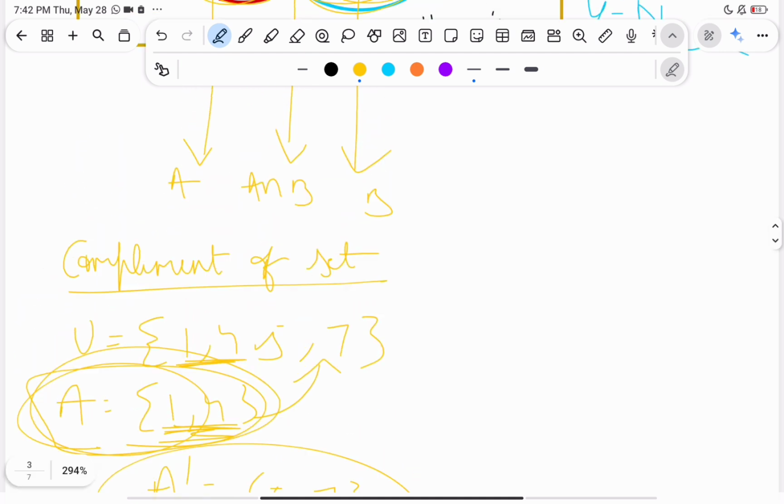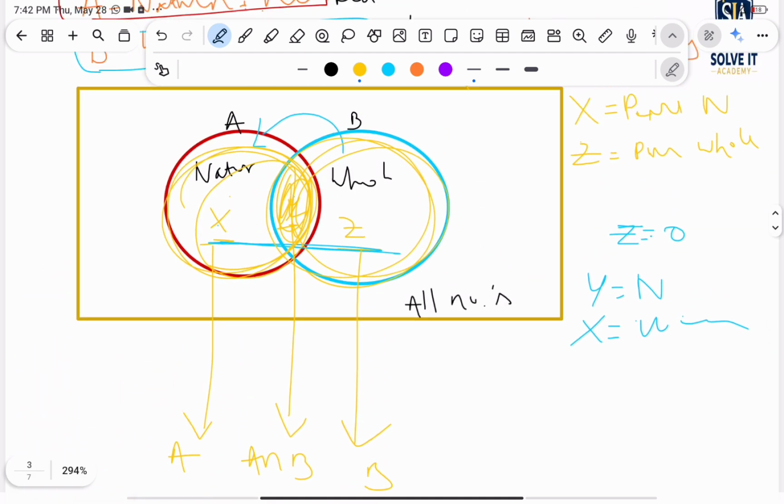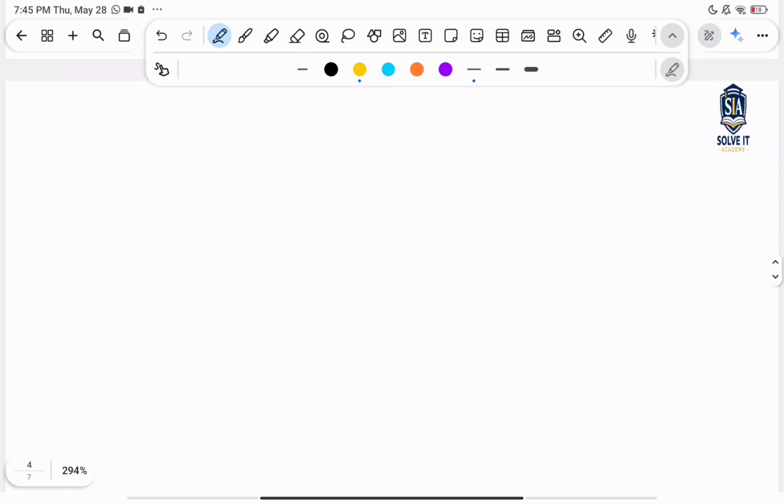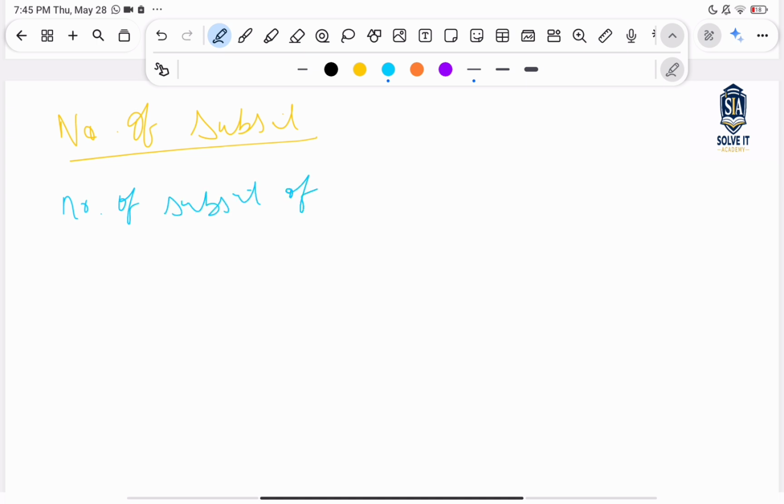Now, this topic is the number of subsets. The number of subsets of A with n elements is equal to 2 to the power of n.